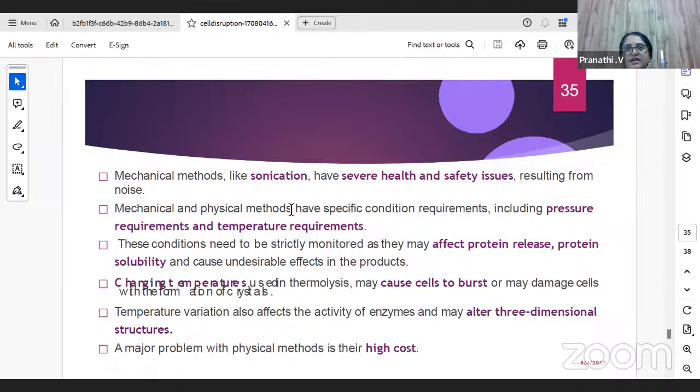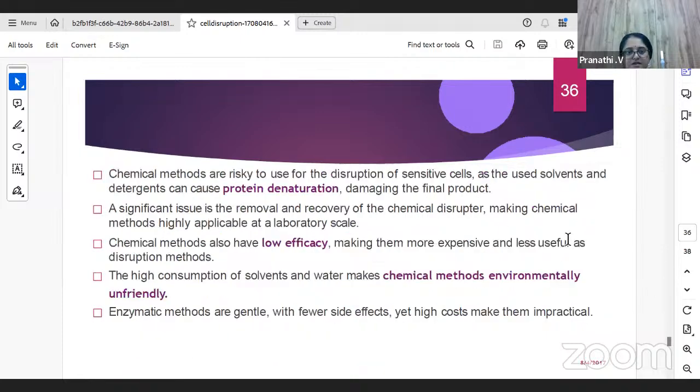At the same time, we should see that the heat that is going to be released does not affect your product. Changing the temperatures used in thermolysis causes the cells to burst also. They may damage the cells. So temperature variation affects the enzymes and the 3D structures. And then all of this is expensive.